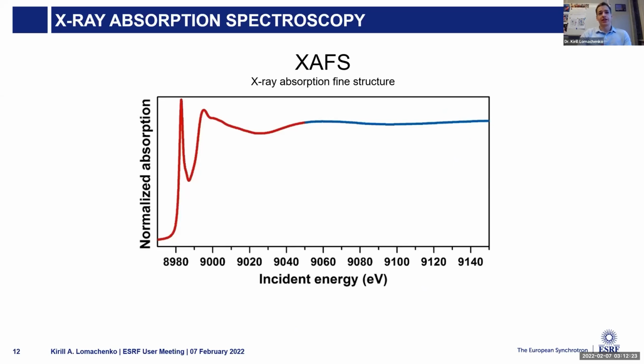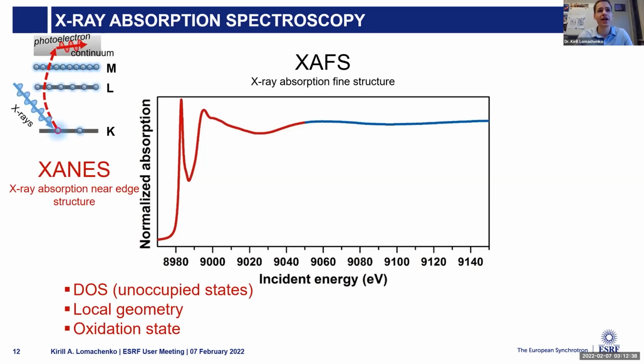So due to slightly different physics behind and the different methods of analysis, the XAS spectrum, X-ray absorption fine structure, is usually divided in two distinct parts. The part that is below the edge and a little bit after the edge, something like 30, 40 electron volts after the edge, is called XANES, X-ray absorption near-edge structure.